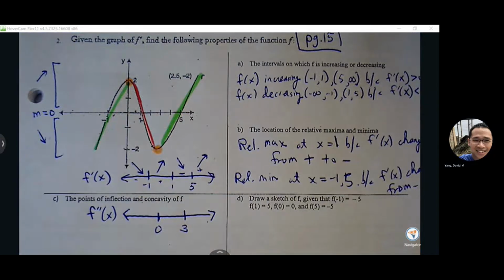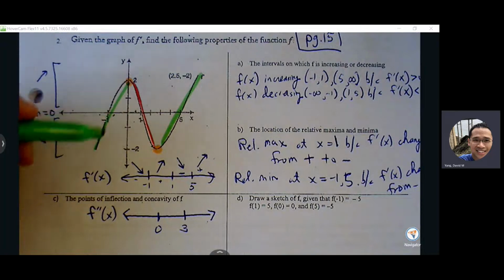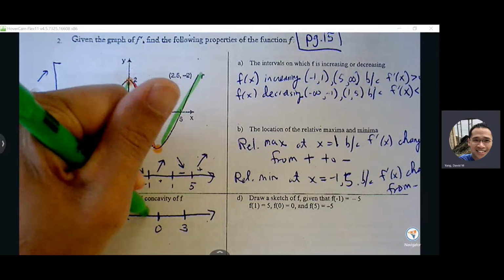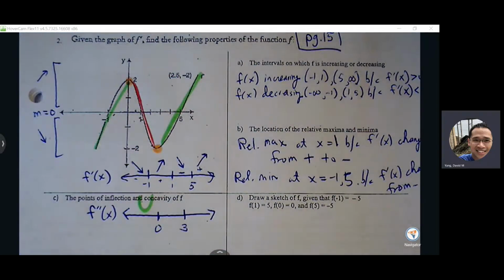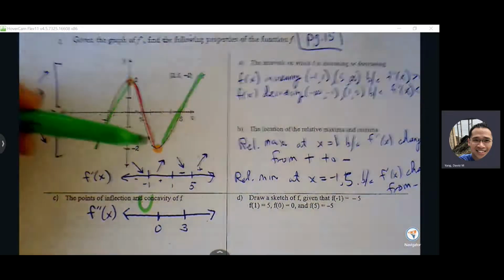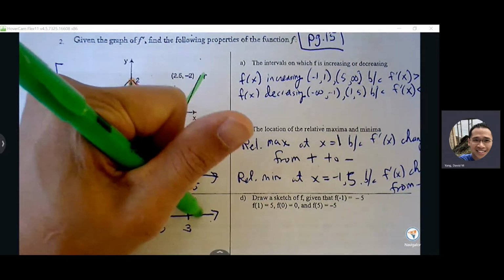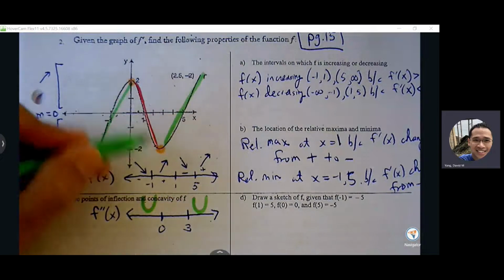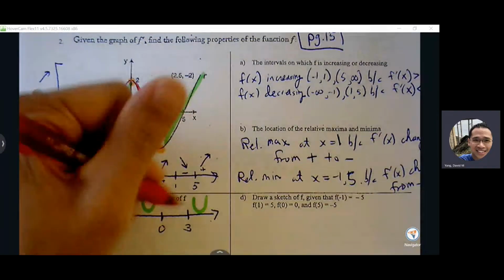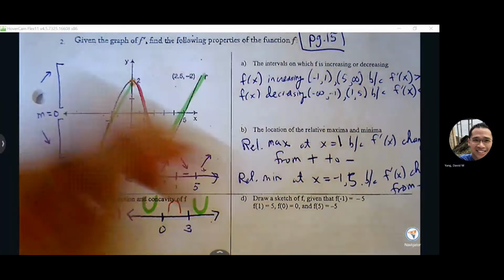So color coded here. Everything up to 0, my derivative graph is rising. So that means my original graph is going to be showing me a concave up shape. To the right of 3, positive slope is also going to translate to a concave up shape. Negative slope on the derivative graph is going to translate to a concave down shape.